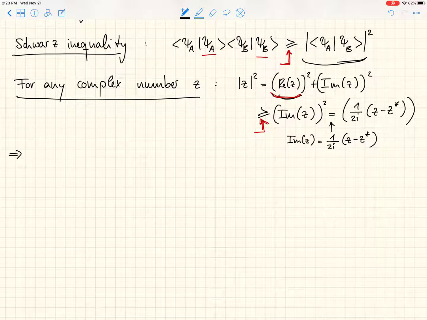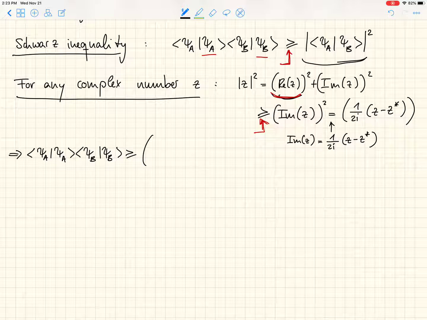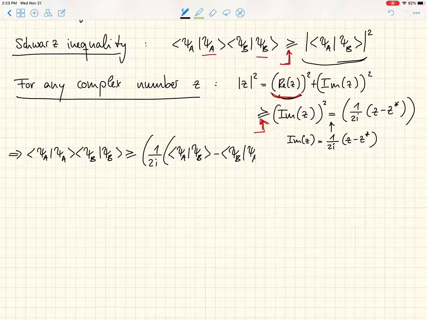If I combine these two, I get that sigma a squared sigma b squared is larger or equal than the absolute value of 1 over 2i times (z minus z star) squared, where my complex number z is the inner product of psi_A and psi_B. I can write z star through just switching the inner product around, as the inner product of psi_B and psi_A.